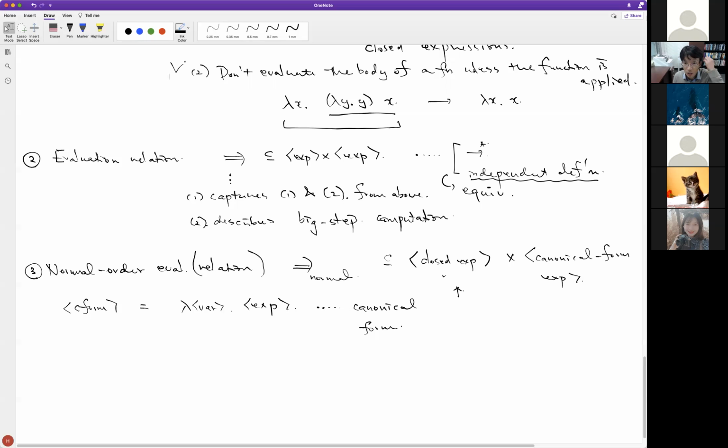So that is not as much reduced as the beta normal form, but it's as much reduced as possible according to this evaluation strategy. So that's why we are identifying this specific kind of expression, the lambda expression, as a canonical form. And in some descriptions of programming languages, they identify this kind of thing as value expressions.